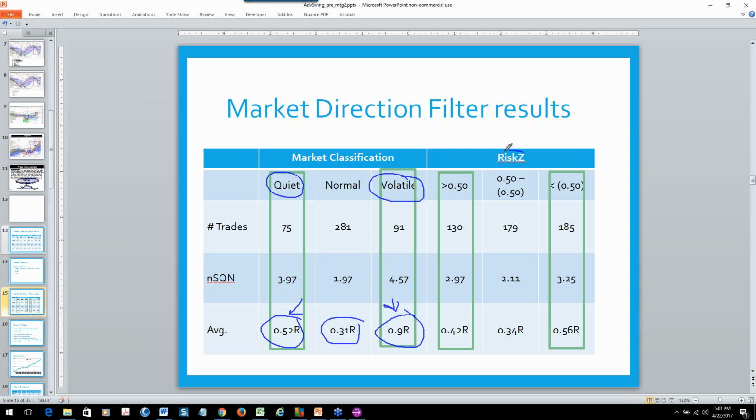And if she added the risk Z as a standalone measure, when it was greater than 0.5 or less than minus 0.5, it was much better than when the risk Z was in the middle. That makes the same point that I made, that extreme results come from extreme measures. So when things are quiet or volatile, these swing trades have an opportunity to do better.